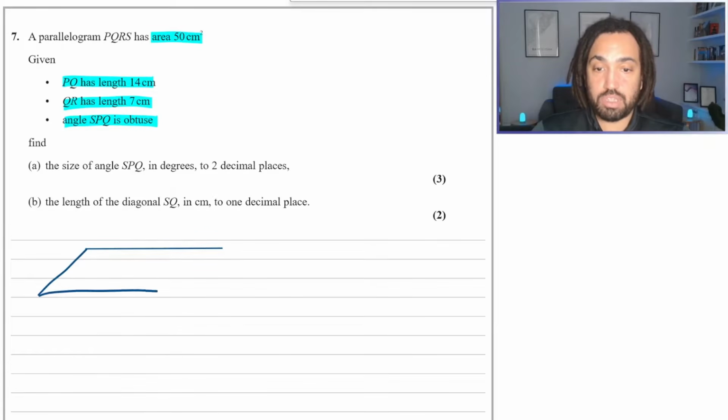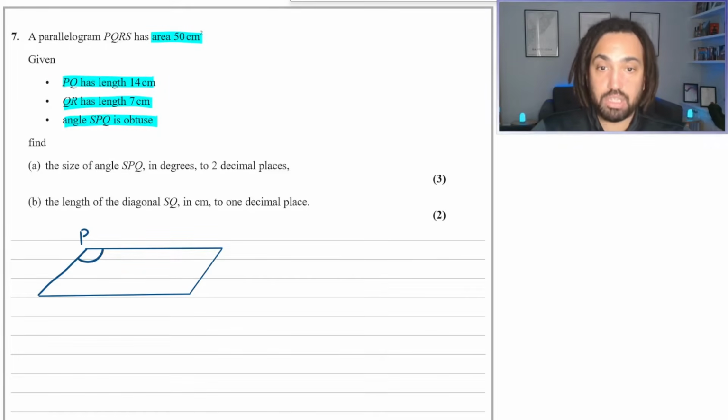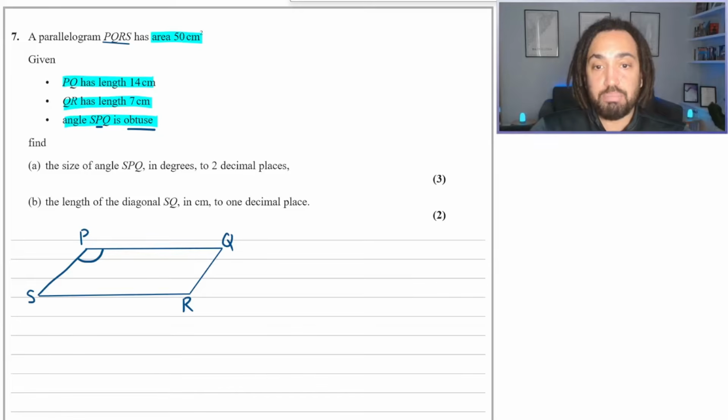I'm going to draw a little parallelogram like that. And then I'm going to say that P must be up here because P is obtuse. And then going round the parallelogram in this order, which is really important, Q, R, S. Okay, PQ has a length 14, so that's 14, and QR has a length 7.